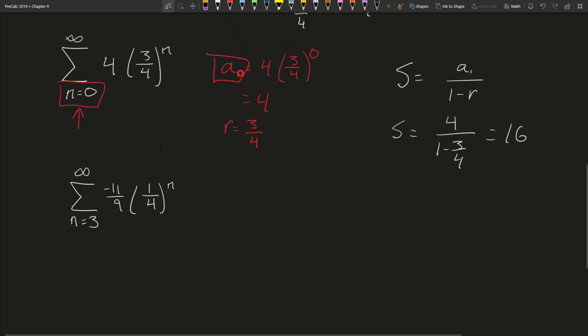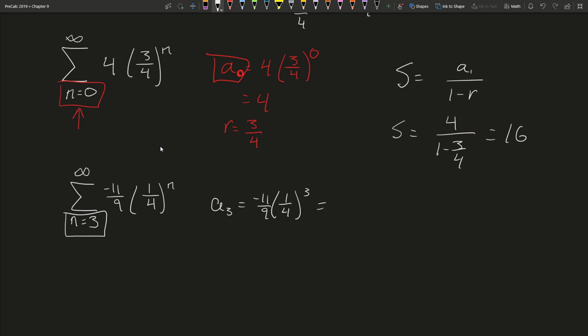All right, again, this example is a lot later. This is 89. We want to find the infinite sum from 3 to infinity of negative 11 ninths times 1/4 to the nth. Again, we follow the same rules. Our first term in this case isn't a1, it's a3. So if we find a3, we'll get our numerator.